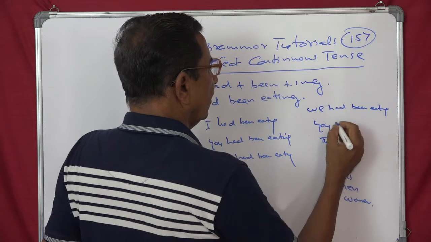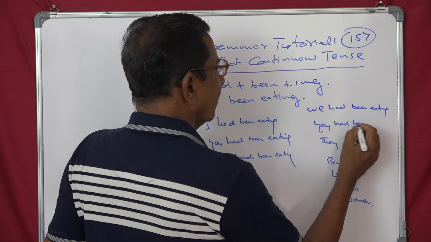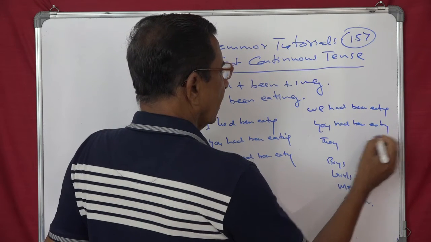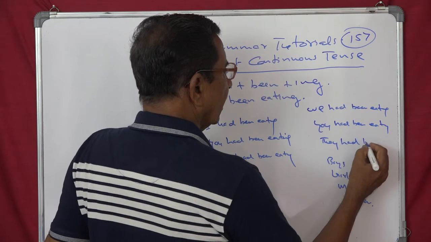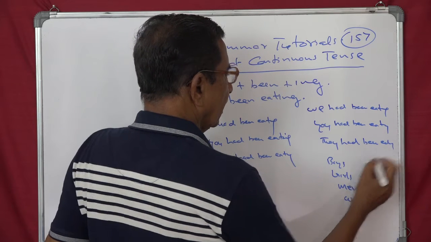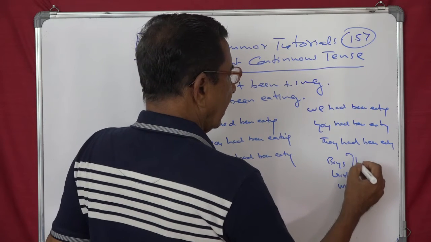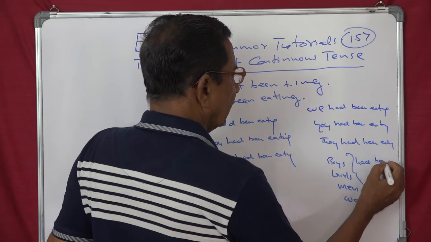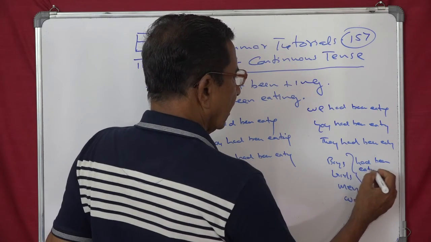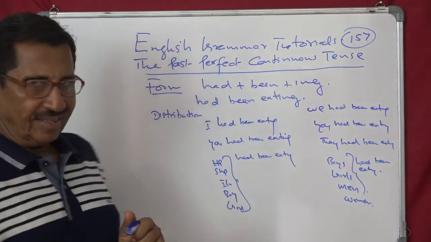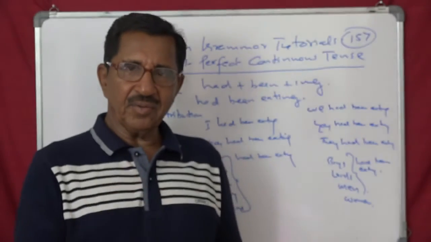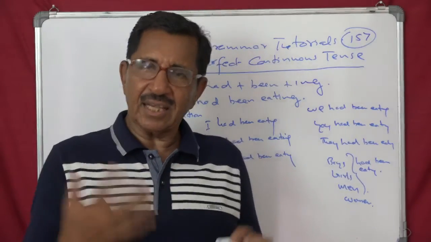You had been eating. They had been eating, and boys had been eating. So now change. Very simple. I had been, you had been eating, he had been, she had been singing, etc.